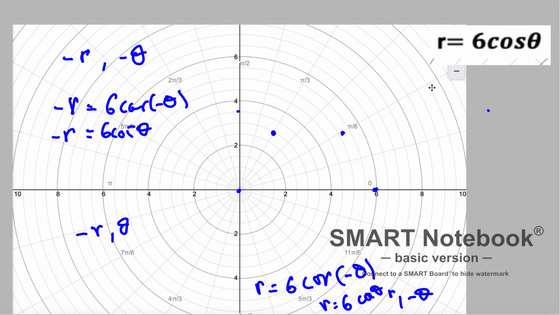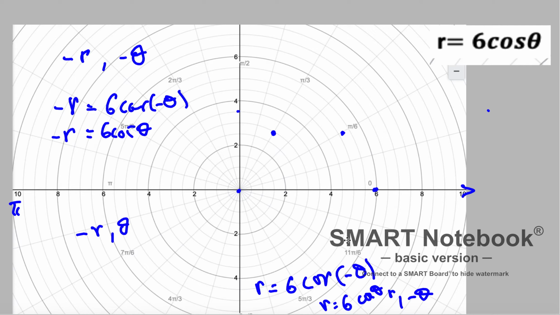So this graph, or this geometrical figure, is going to have symmetry with respect to the polar axis, the line from pi to 0 to 2 pi. So this is the pole, and here is pi.